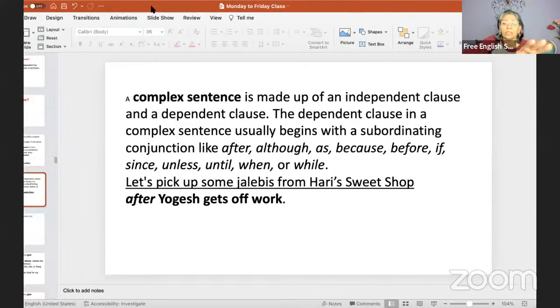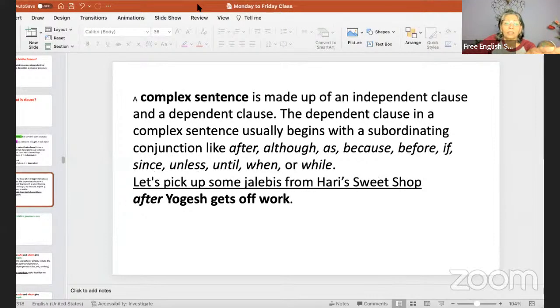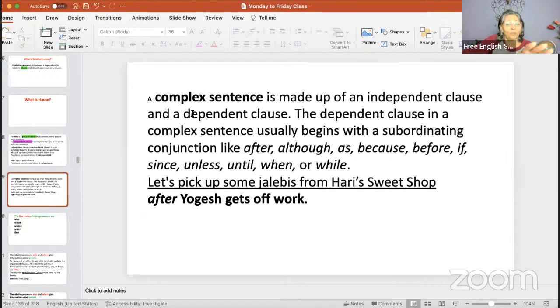So this one is independent because it makes sense, we have a clause here and then we have after. So after that, right? When? When he finishes work, finishes his job. Work means job. Whatever work you do, even if you are a professional, that is also work.